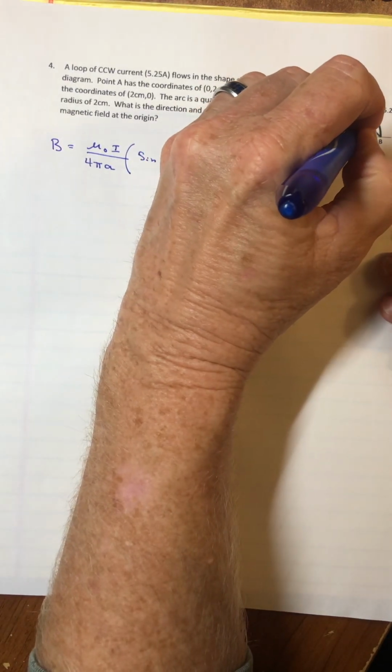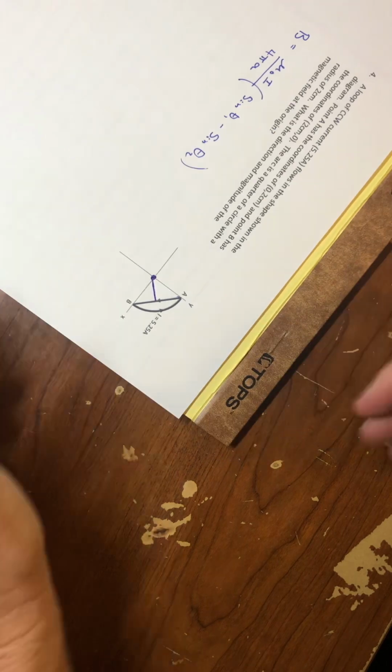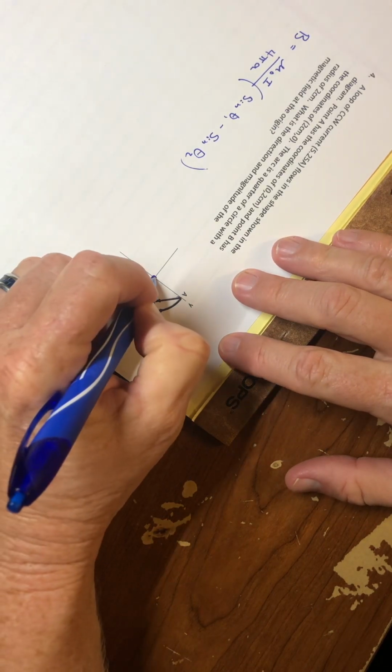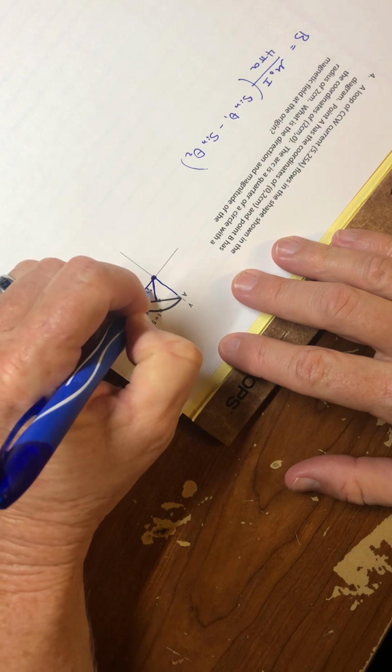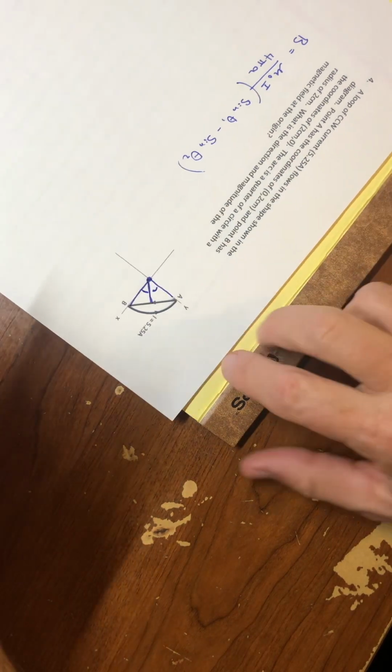So the perpendicular distance is right here. And maybe if I kind of switch my paper, it'll look more like our derivation, where this would be 45 degrees and this would be negative 45 degrees.